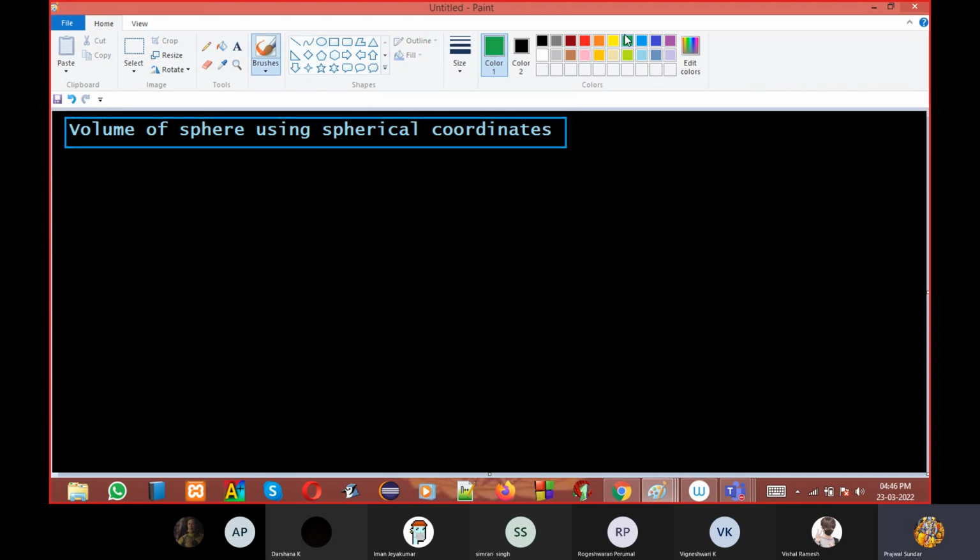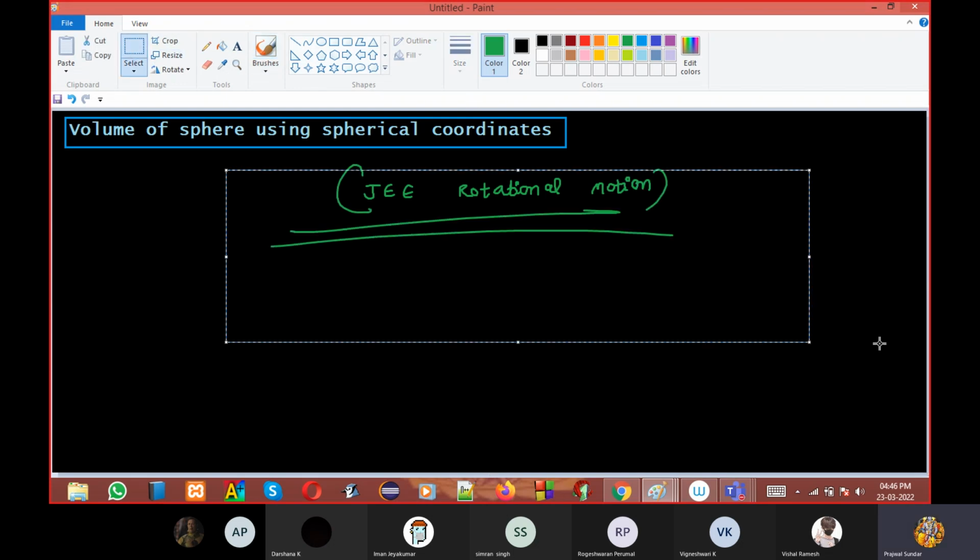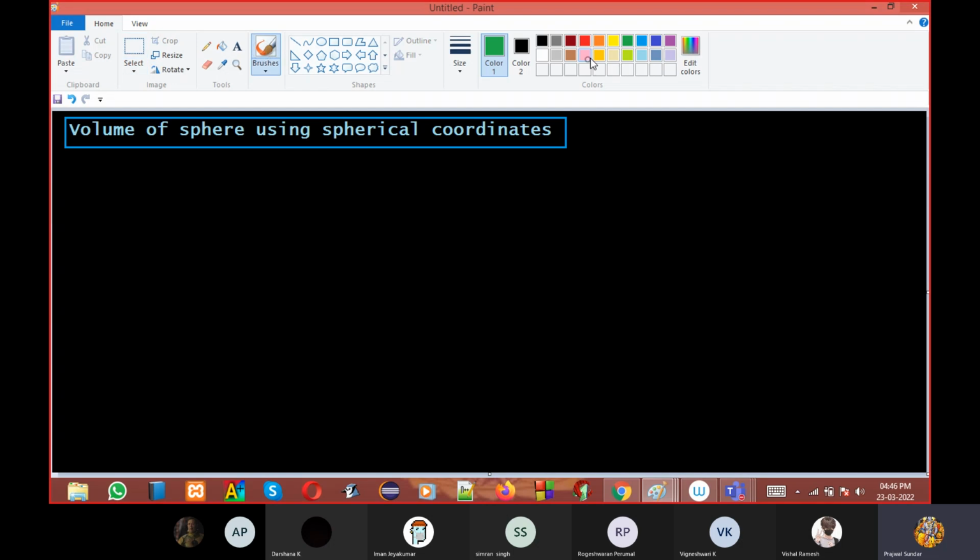As I told you, go back to the JEE rotational motion chapter. Get that vibe. Now look at this carefully. You have a small point. Now join many points. What will you get? You will get a ring. Next, many rings you join.